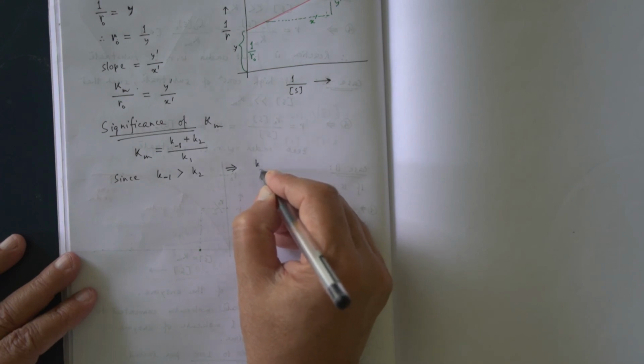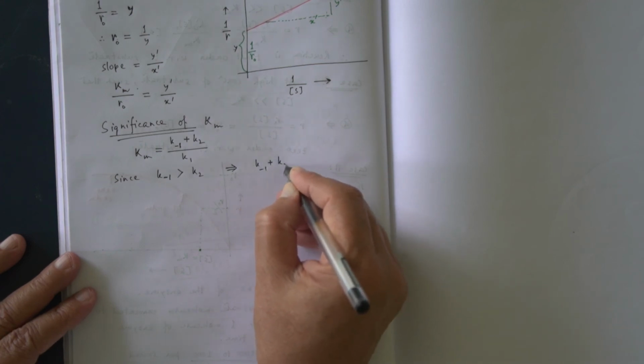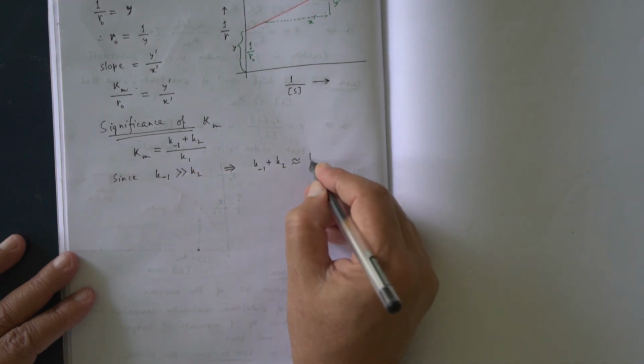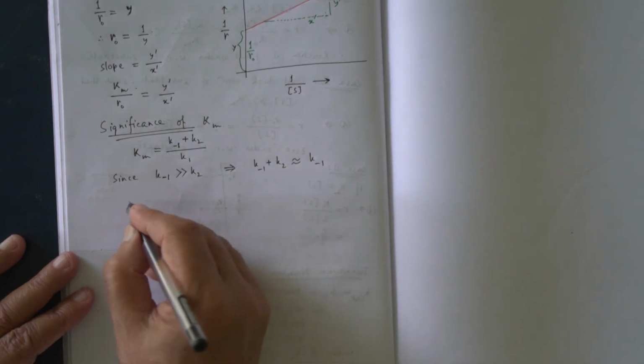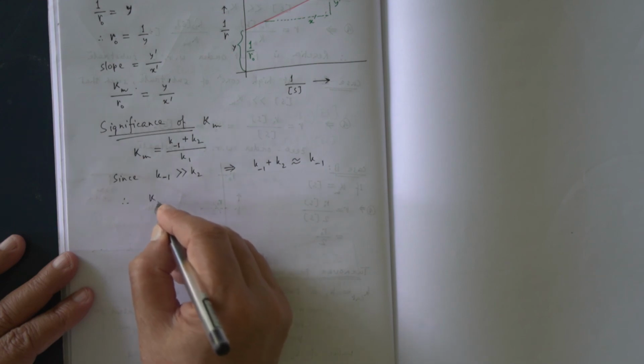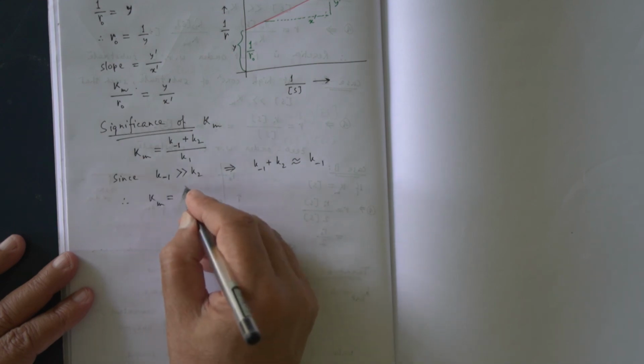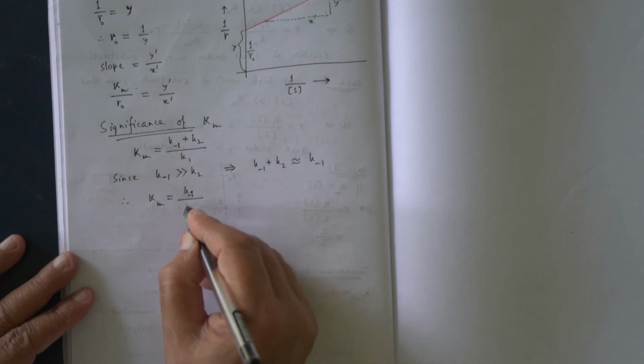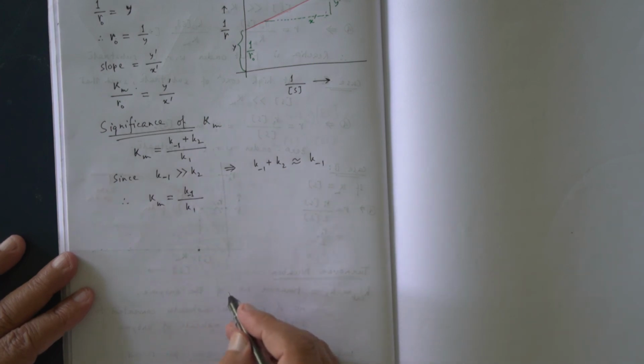So k minus 1 plus k2, that will be approximately equal to k minus 1. That means km equal to k minus 1 by k1. Okay, k minus 1 by k1.